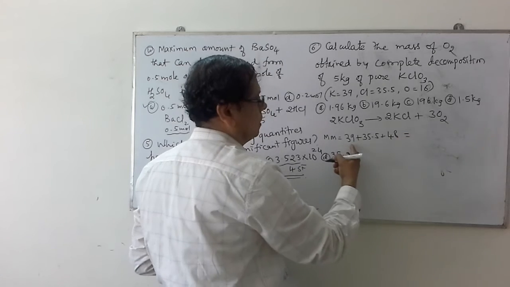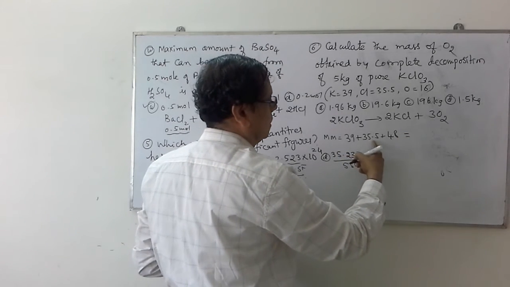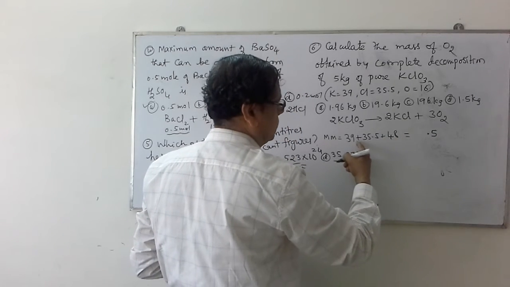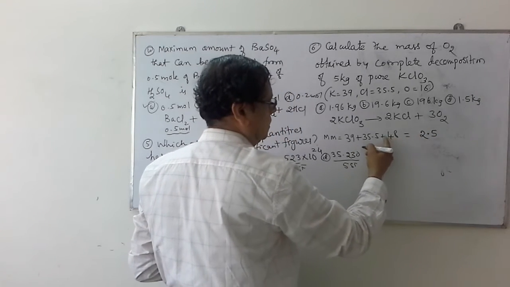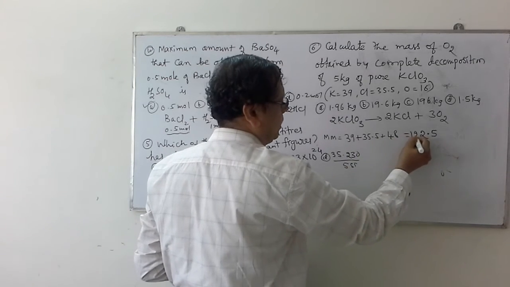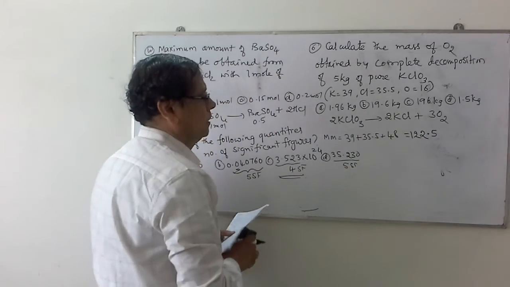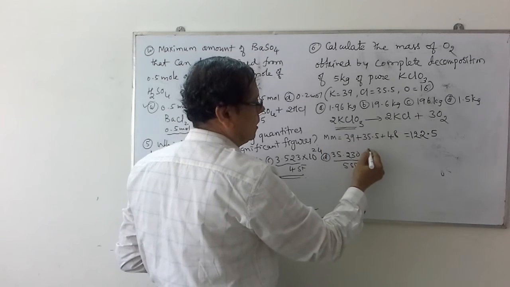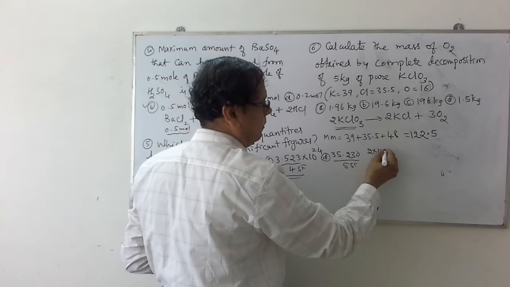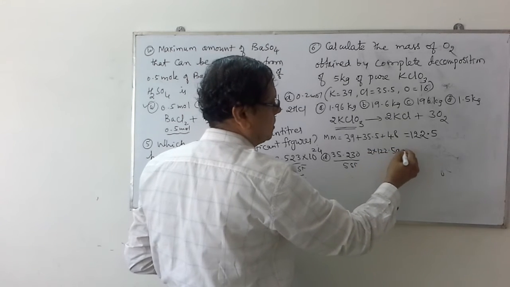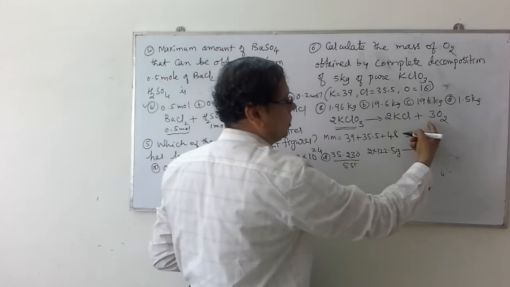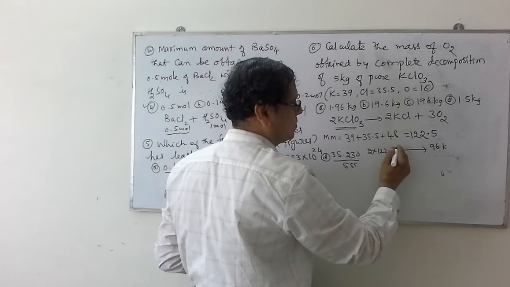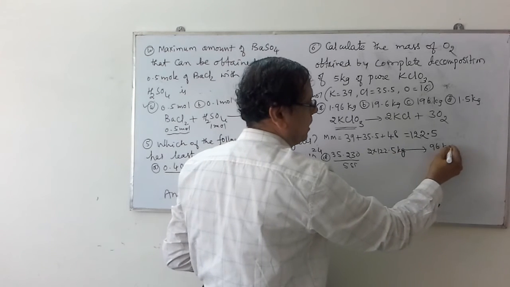This will be equal to 122.5. But in this potassium chlorate decomposition reaction, we have got 2 moles. Therefore, 2 into 122.5 grams will liberate 3 into 32, that is 96 grams. So, if you take in terms of kg, this will be 96 kg.